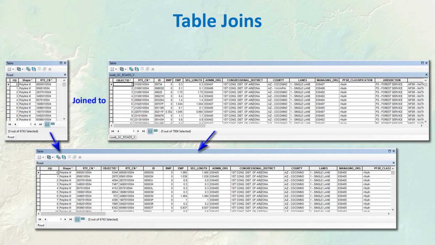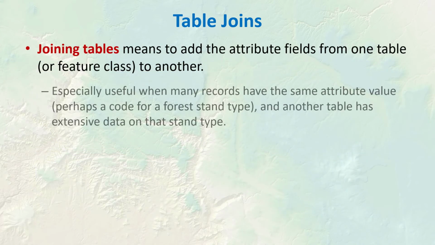Next topic, we've been discussing selections. Now let's move on to table joins. To join 2 tables means to create a connection between those tables such that the attribute values from one table or feature class become directly available in another table or feature class. This is especially useful when there are many records that have the same attribute value, like maybe there's a code for a forest stand type, and another table has extensive data on each stand type.